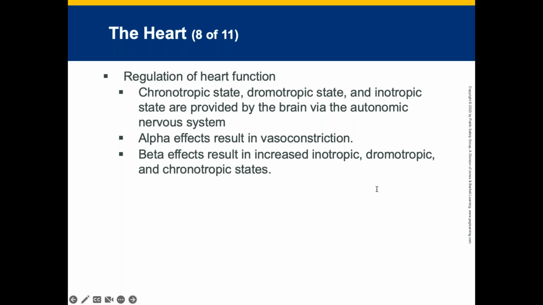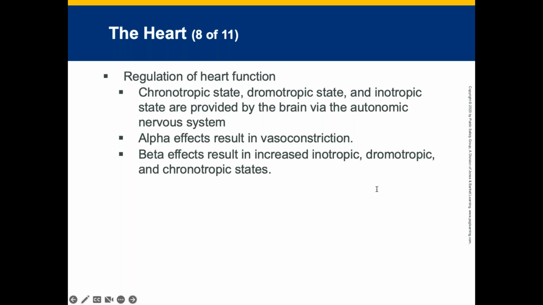So stimulation of receptors often causes activation of either the parasympathetic or the sympathetic branches of the autonomic nervous system, right? Which is affecting both the heart rate and contractility. Alpha effects result in vasoconstriction, whereas beta effects result in increased inotropic, dromotropic, and chronotropic states.